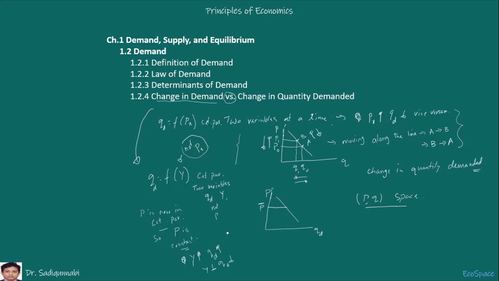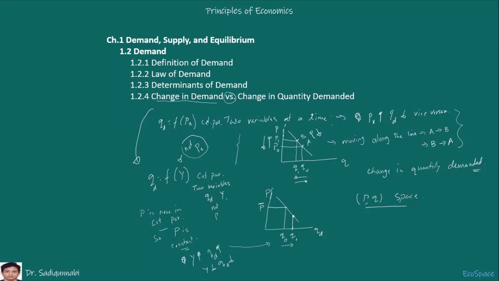So when there is an increase in Y, what happens? Suppose this is our initial Q0, so it should increase. Suppose this is Q1. If it is increased, we cannot say that price decreases. Why? Because price is fixed.